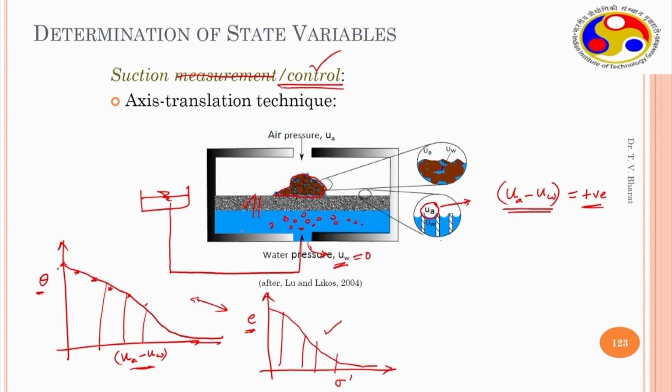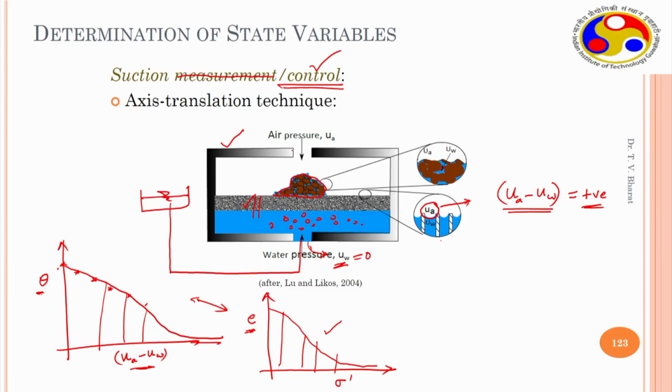Therefore the maximum measurable suction range in this technique is limited by the high entry disc capacity. One can use 5 bar or 15 bar, they are available in the market. Based on that, one can establish the soil water characteristic curve using this axis translation technique. The chamber should be strong enough because you are applying a huge air pressure, so you consider a thick chamber.